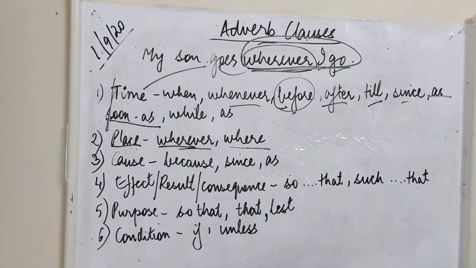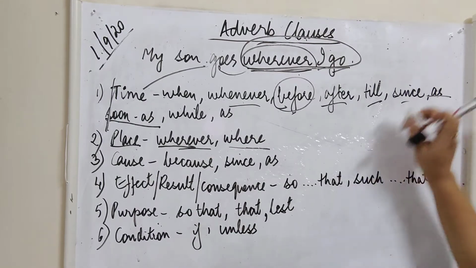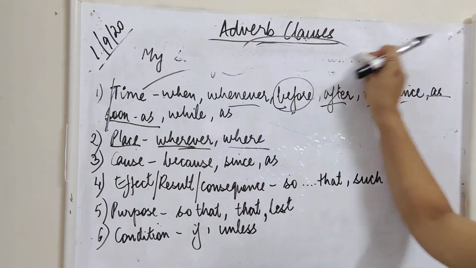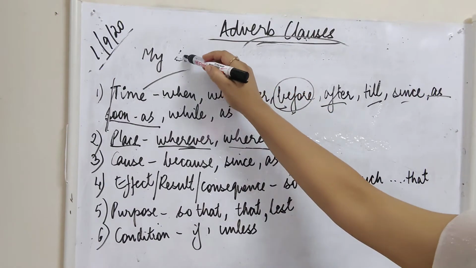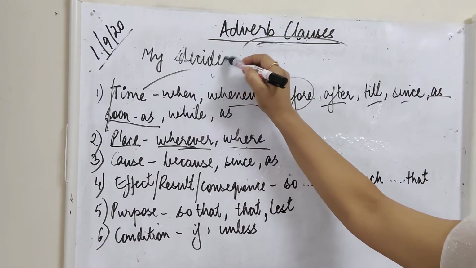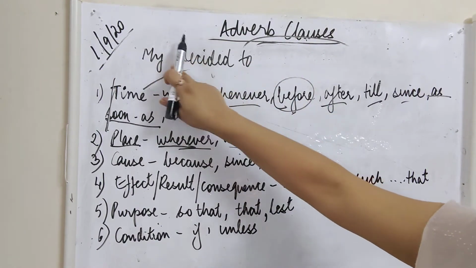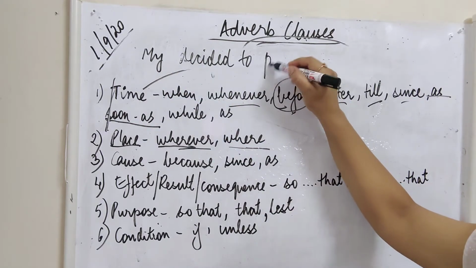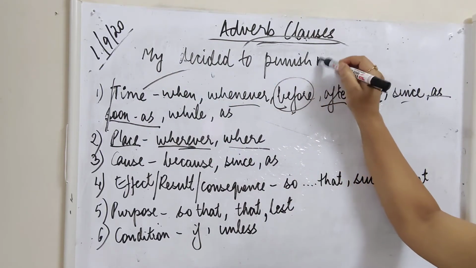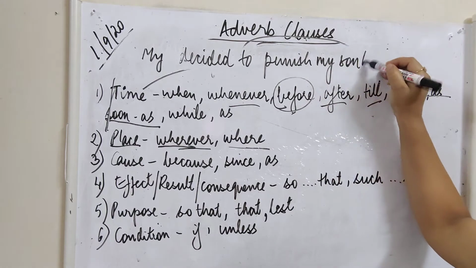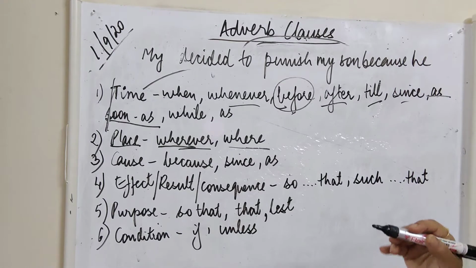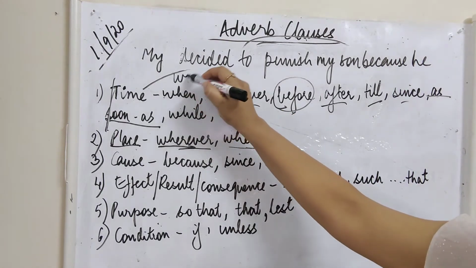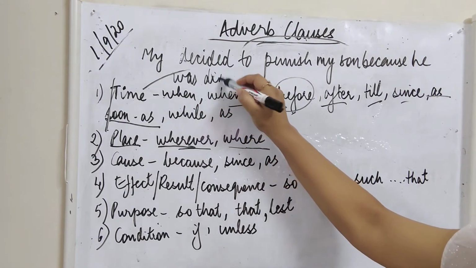Then coming on to adverb clause of reason. I decided to punish my son because he was disobeying me.